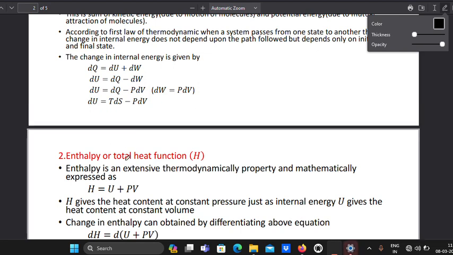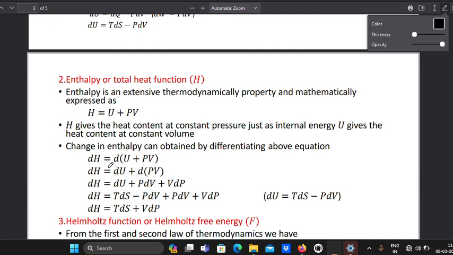Okay friends, now the second one is enthalpy, or total heat function. Enthalpy is an extensive thermodynamic property, denoted by H. H = U + PV. This is the enthalpy formula.